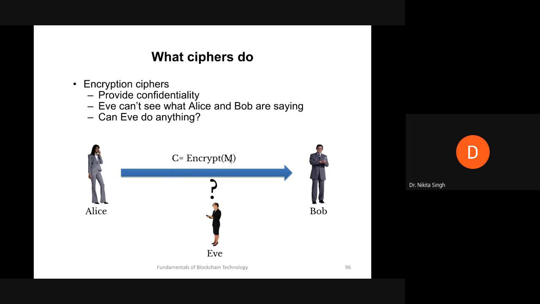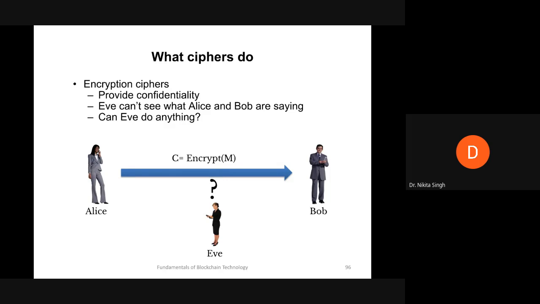Suppose the message is M, the message was encrypted, so this message now becomes C. So Alice encrypts the message M, and she transmits this message to Bob. Now, can Eve do anything? She cannot eavesdrop upon the message because this message is already encrypted. So Eve can't see what Alice and Bob are saying.